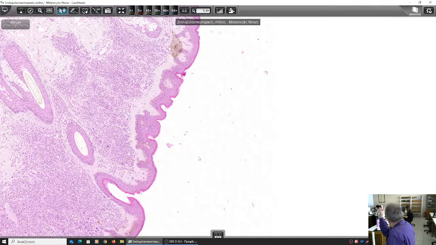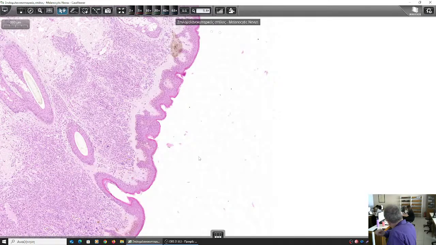So it is an intradermal nevus, because in terms of terminology, if we see nests of nevocytes within the epidermis, then we call it a junctional nevus. If all the nevus cells have migrated to the dermis, this is an intradermal nevus. And if the nevus has both a junctional and an intradermal component, we call it a compound nevus.